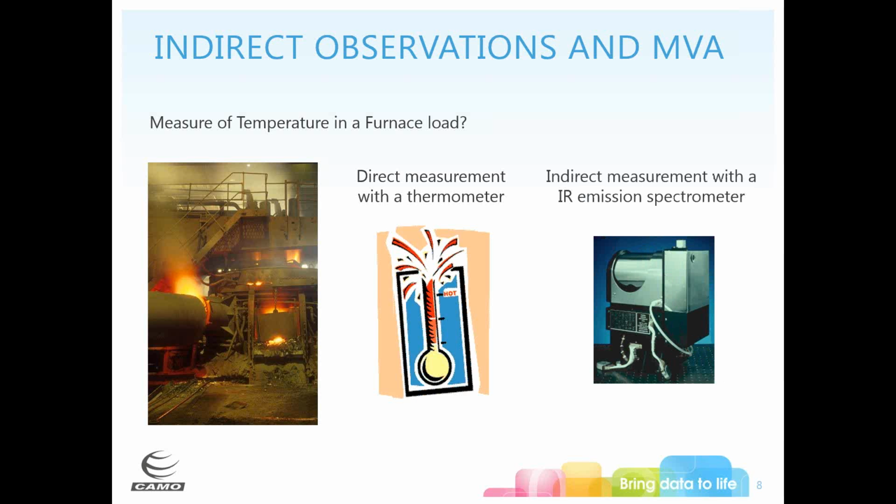Well, what we know from our first principles is that IR emission is related to the temperature of a source. So we can use an IR emission spectrometer to determine what the temperature of that furnace is. And these types of indirect measurements often need a multivariate analysis approach.